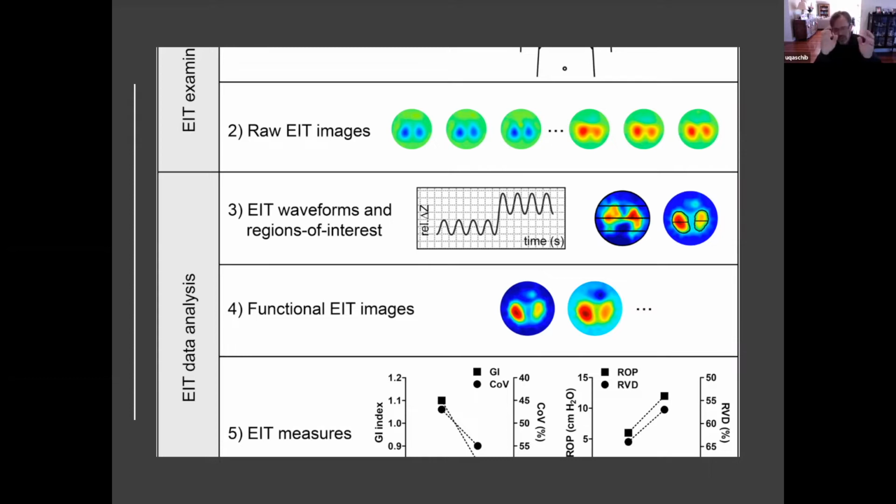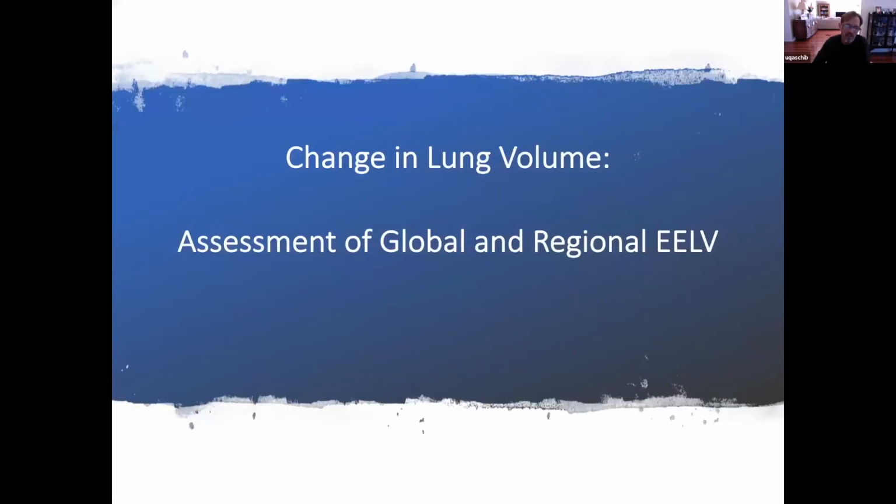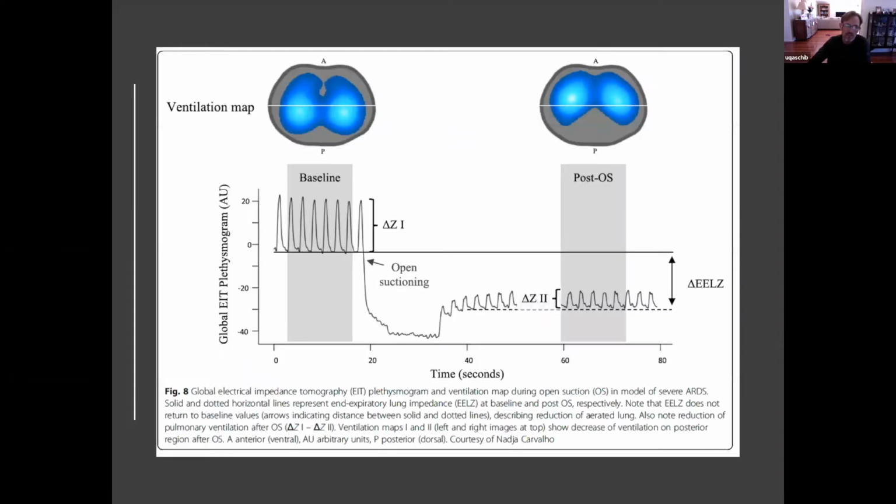And image analysis, I can tell you there's about 500 different indexes you can generate out of an EIT image. For the regular user, it becomes very quickly very confusing. So I still think EIT is best when we look at regional and global end expiratory lung volume changes.